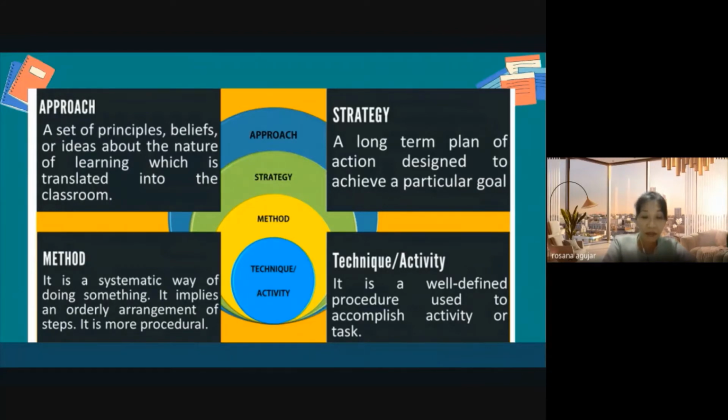And my method that I'm going to use in that performance is the showing method, wherein they're going to show the step-by-step procedures on how to, for example, cook vegetables. A technique or activity is a well-defined procedure used to accomplish an activity or task.